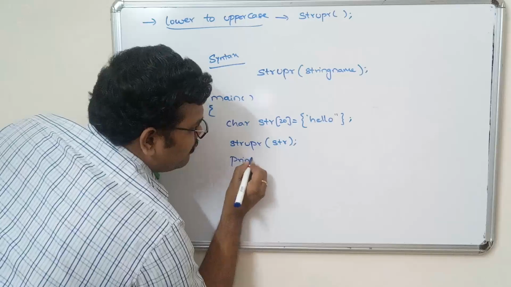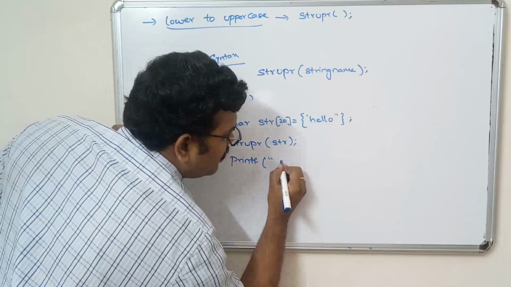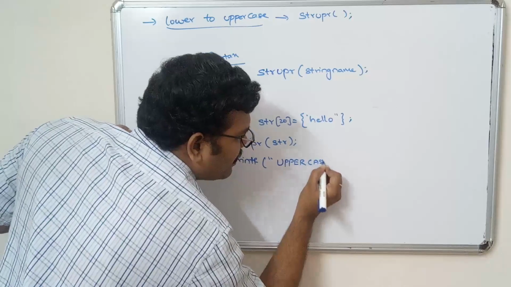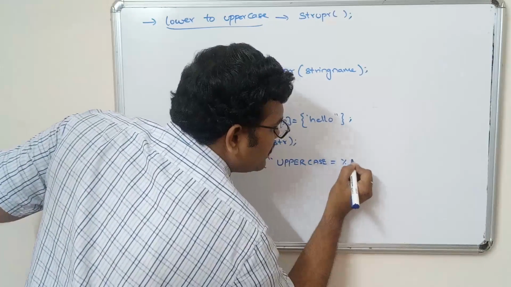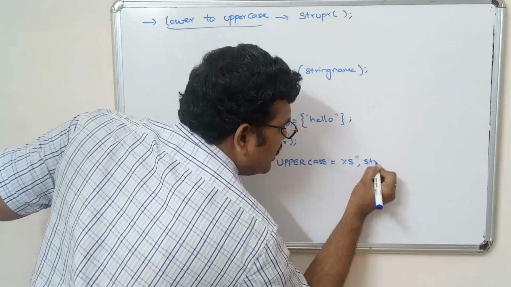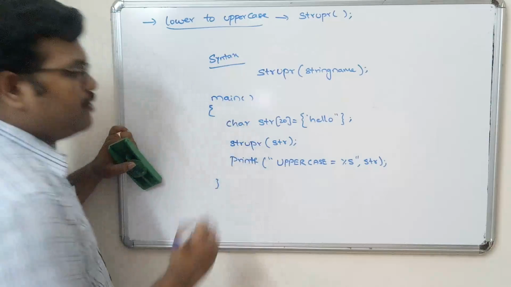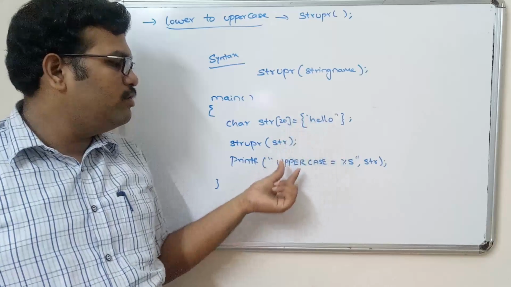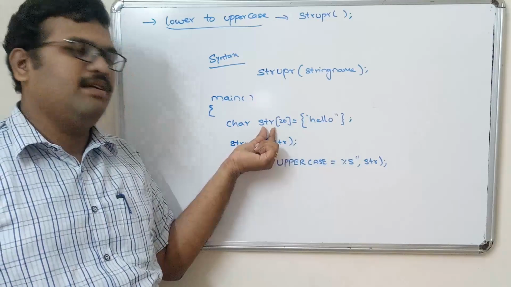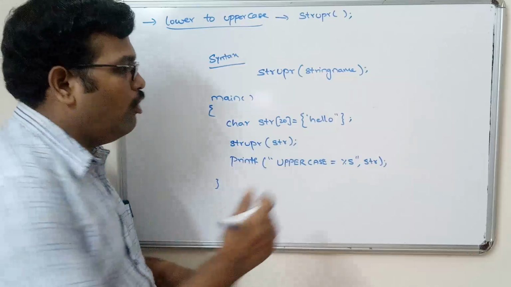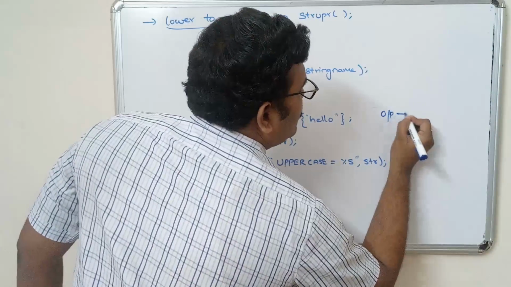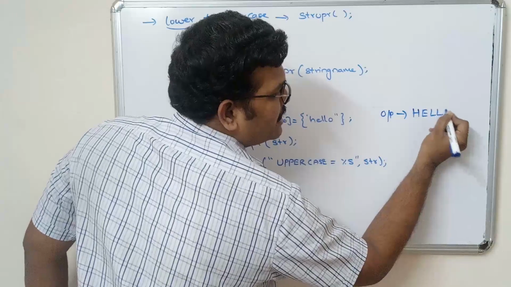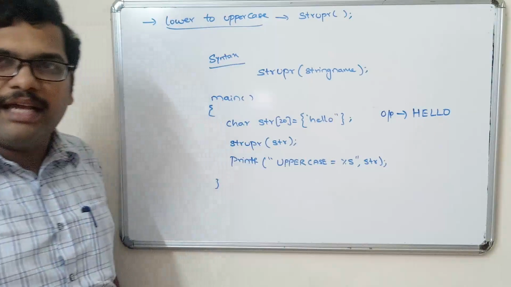Then print the same string, printf uppercase is equal to %s, str. So this function will convert all the lowercase characters into uppercase characters, and it will be saved in the same string. So the output of this program will be all the lowercase characters converted into uppercase characters.